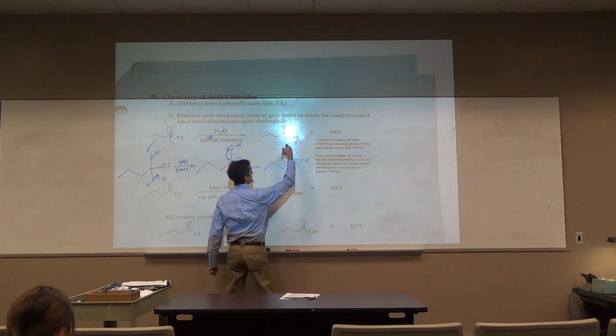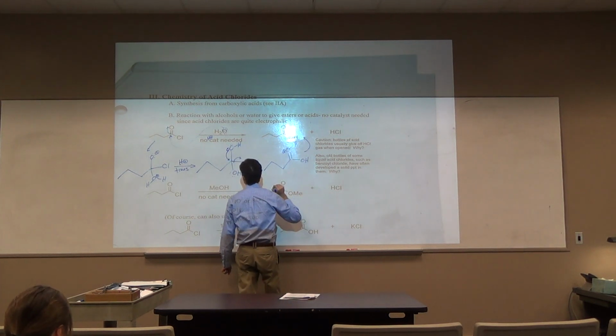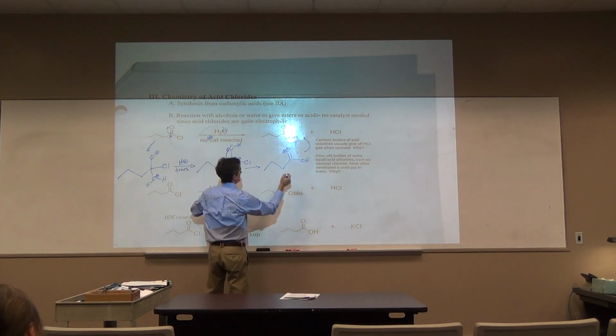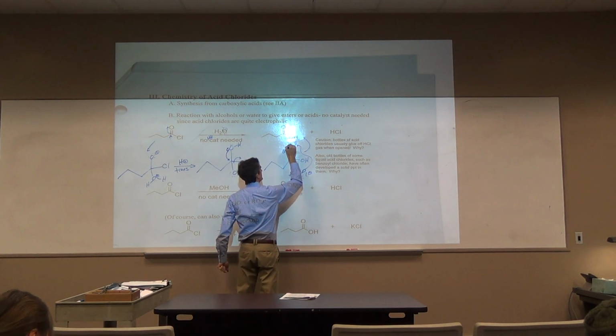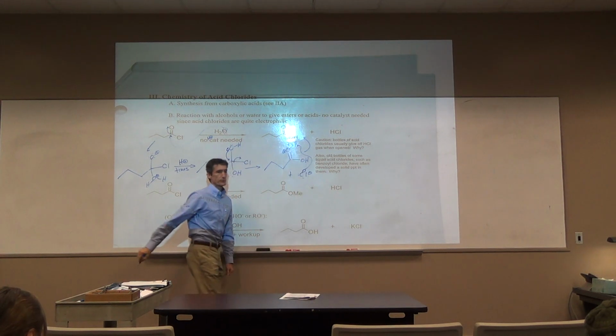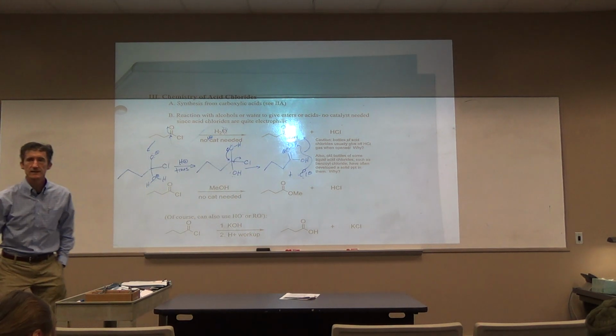And how do we get home? Well, there's a Cl minus. This can take the H, these electrons stay here, and we get neutral product plus HCl.